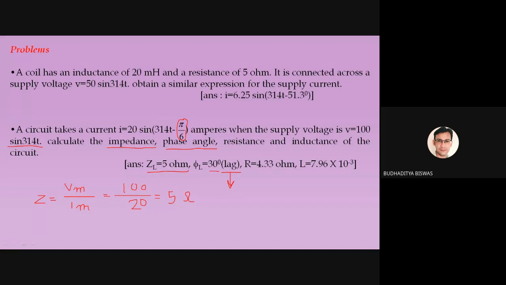If the current lags from the voltage, then it is called lagging. If the current leads from the voltage, it is called leading. It is not with respect to the voltage. Voltage may lead or lag from the current, but it is not reflected here as lagging or leading. If we want to mention the phase angle, this phase angle is based on the current. If the current lags, we call it lagging. If the current leads, we call it leading. Got it?